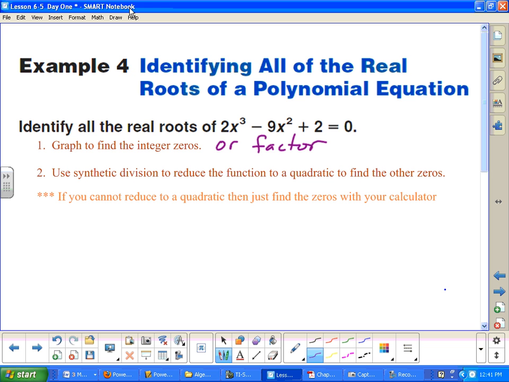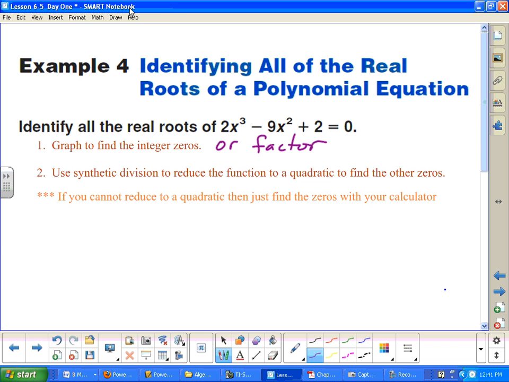What are integers? They are numbers, not greater than 1 necessarily. They are positive and negative whole numbers: 1, 2, 3, 4, 5, negative 1, 2, 3, 4, 5, and so on. So we're looking for integer zeros.